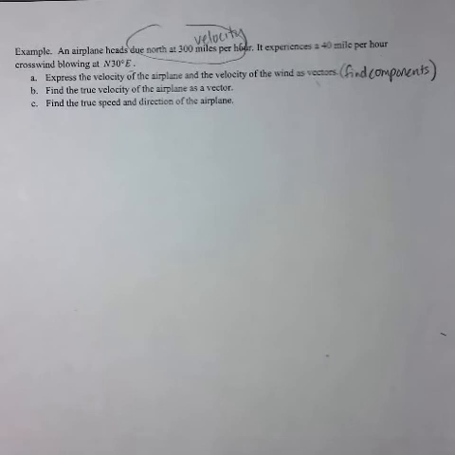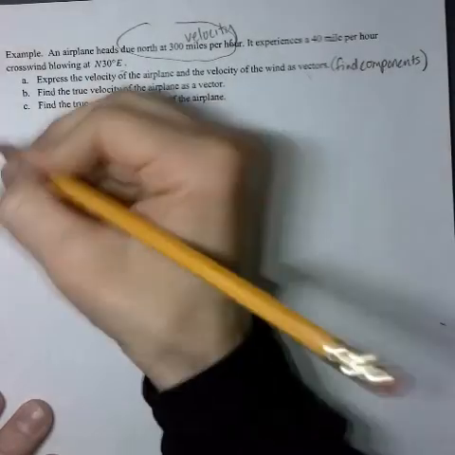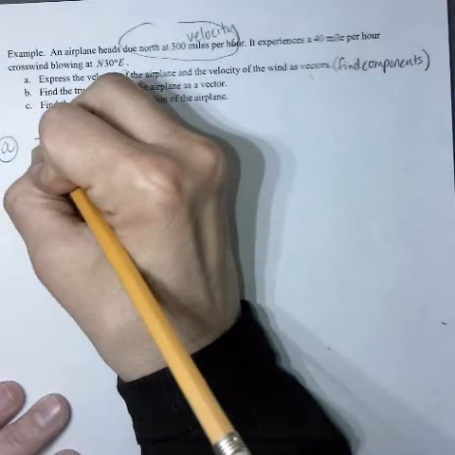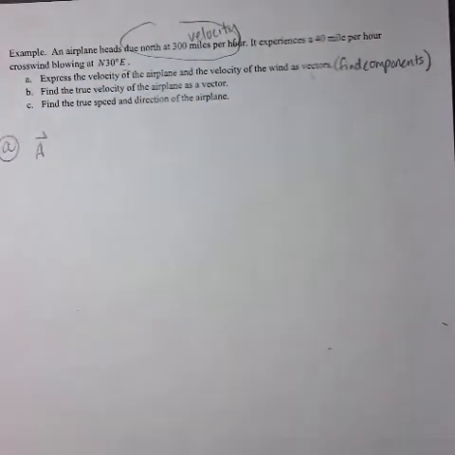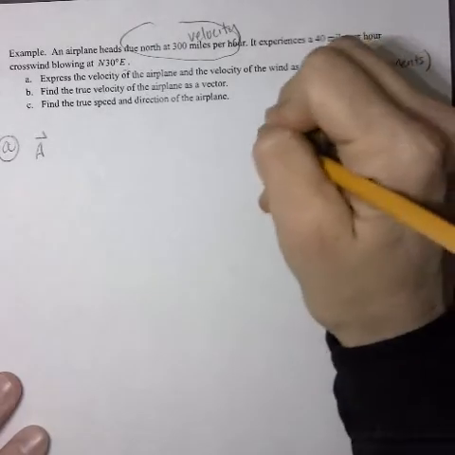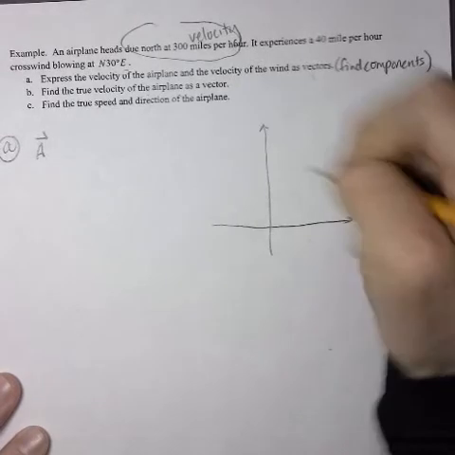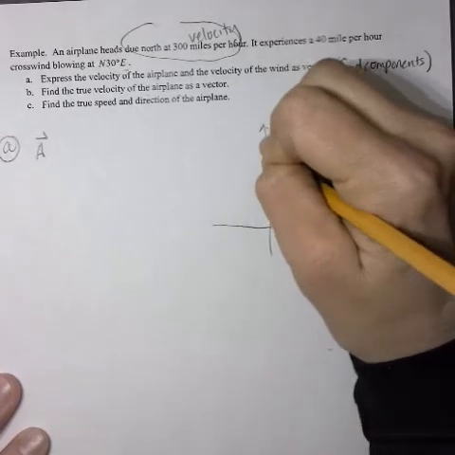So part A, we're writing the vectors, right? So for the airplane, I'll use A for the airplane, call it vector A. This one, you shouldn't even need the formula for if you understand what's going on, although you can use the formula. So I'm going to draw a picture here, and you'll see what I mean. So the airplane is going due north 300 miles per hour.